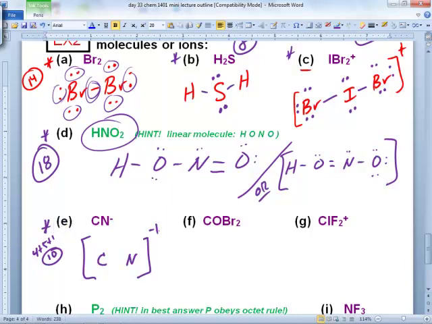So get all 10 electrons on there. Try to make octets.